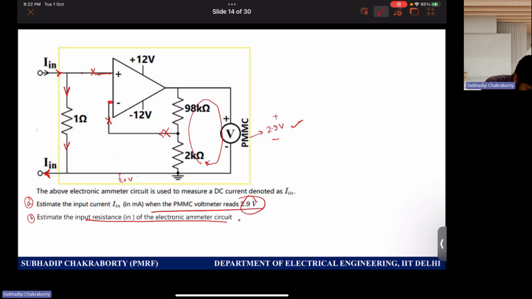So I in into 1, this is the voltage being applied. You can assume virtual short, and now you can write this as Vp, this as Vn. So I can write that since this is grounded, the input voltage is I in times 1.